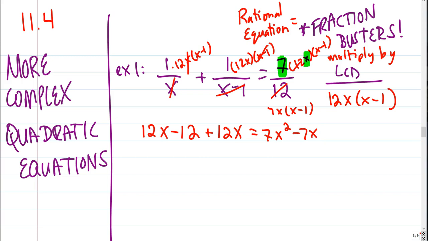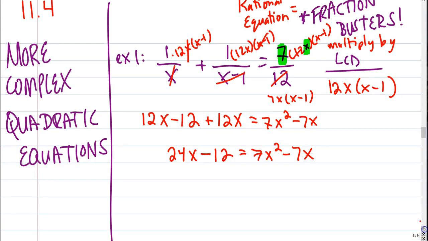I'm going to simplify this, 12x and 12x, so 24x minus 12 is equal to 7x squared minus 7x. Let me just double check this. Everything looks good. So now what we have to do is solve this.